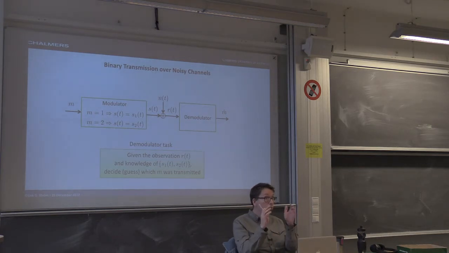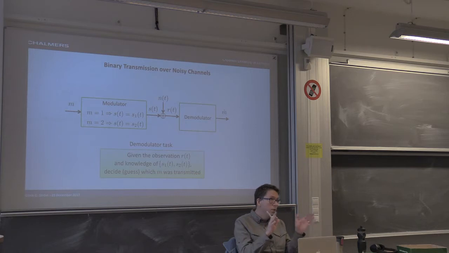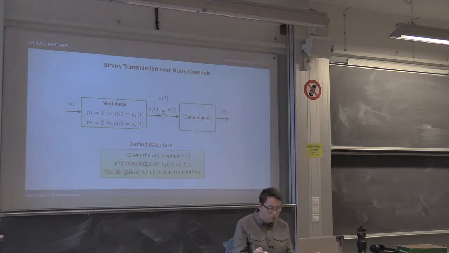Hat here is for estimate or guess. It has nothing to do with Fourier transforms here. So the hat here means only estimate or guess. Okay, so the demodulator's task is, given the observation of the analog received signal, R of t, and knowledge that it could either be S1 or S2 that was actually transmitted, to figure out or guess which M was transmitted.